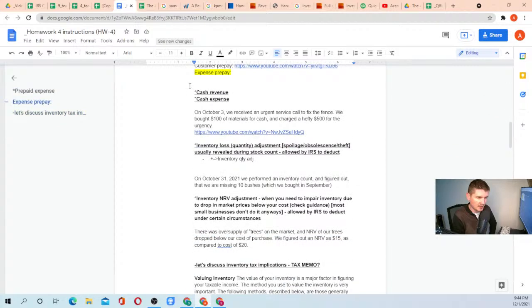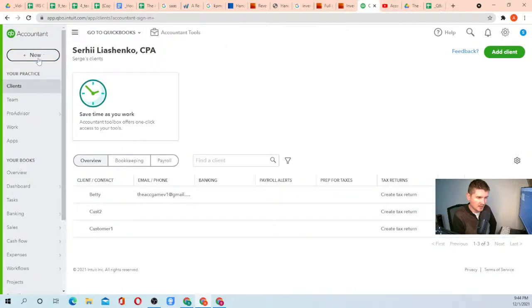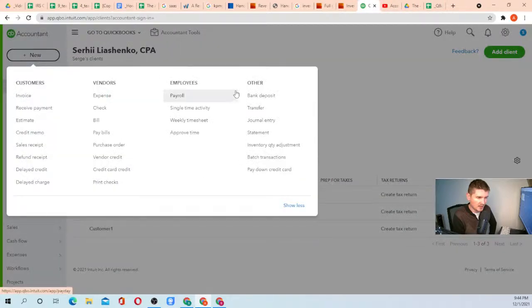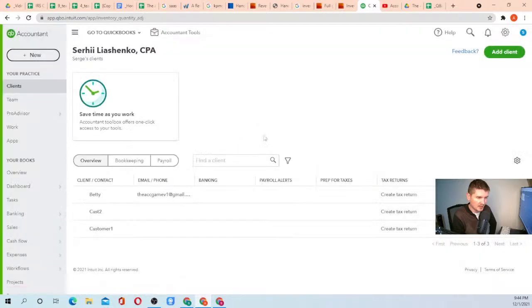In our homework, we have a transaction to record inventory loss. Again, I did a separate video on that. To record the loss in quantity, only in quantity, there is a special function in QuickBooks, inventory quantity adjustment.